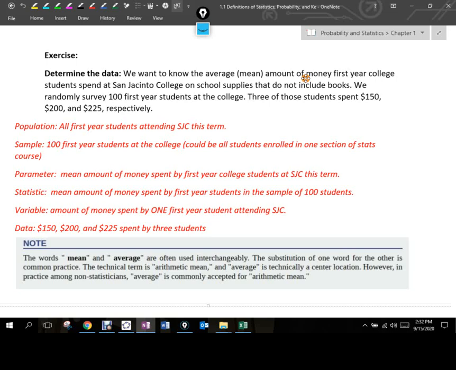Now we have specific situations where one student spent $150, one spent $200, one spent $225. Those individual values are referred to as the data. Does that make sense? Sometimes it's easier to realize what the data is, and that might help you recognize what the variable is. They should relate to one another. Do you guys have any questions over that? Does that make sense?